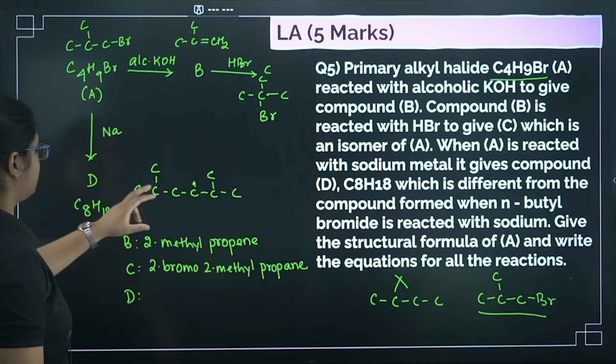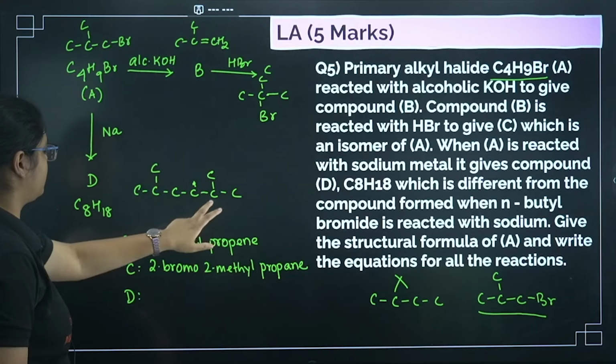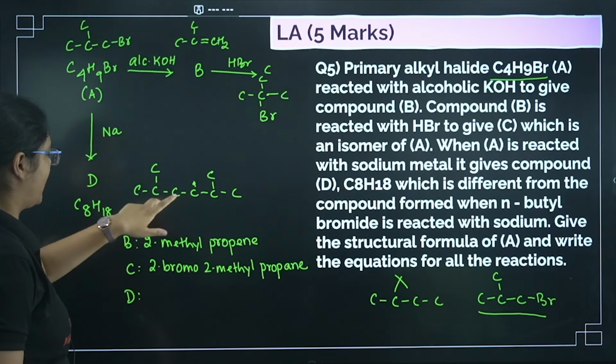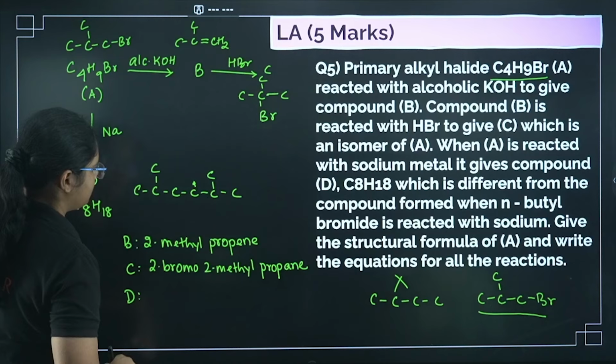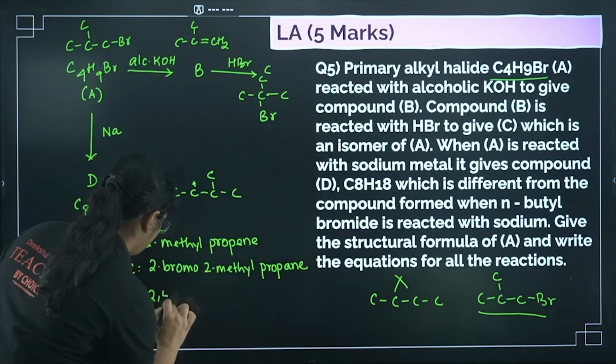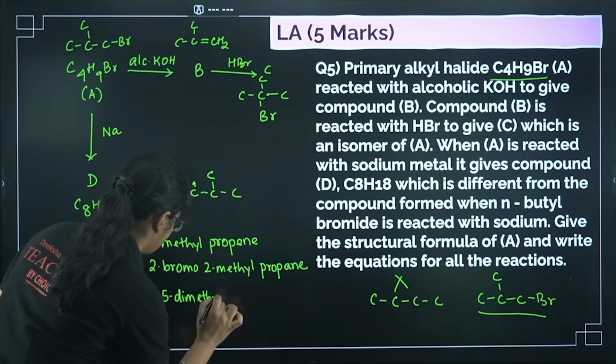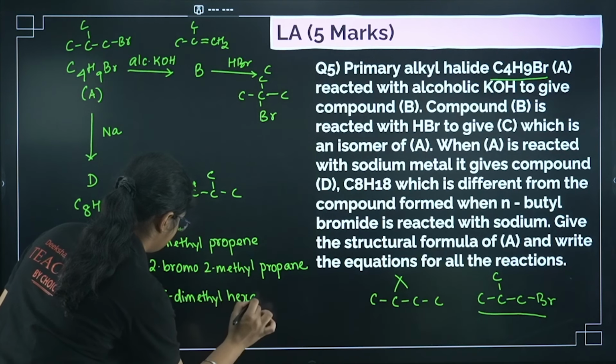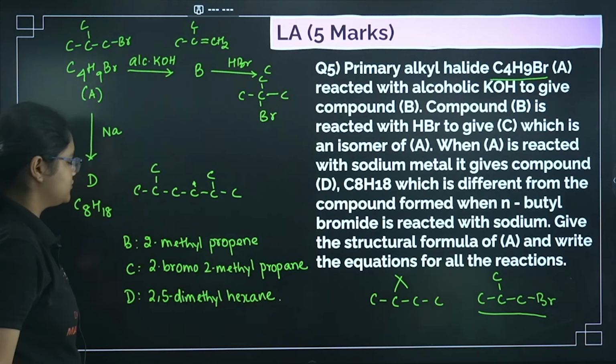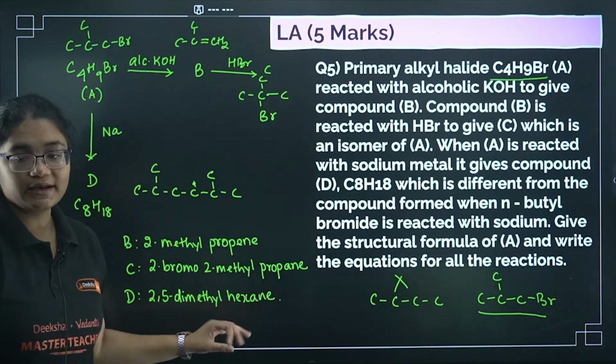When you react this one, counting 1, 2, 3, 4, 5, the methyls are at 2 and 5. So D is 2,5-dimethyl hexane. So these are the products that we can have.